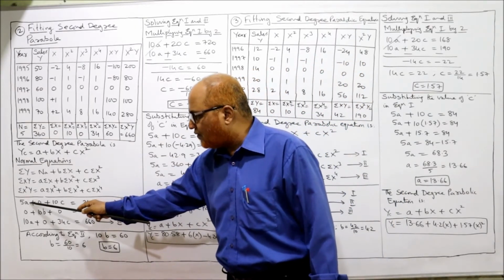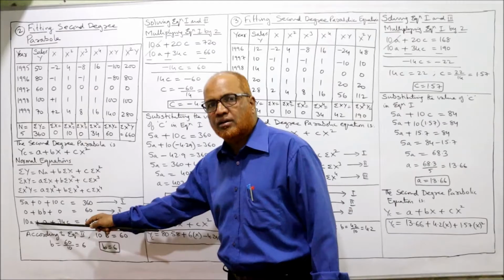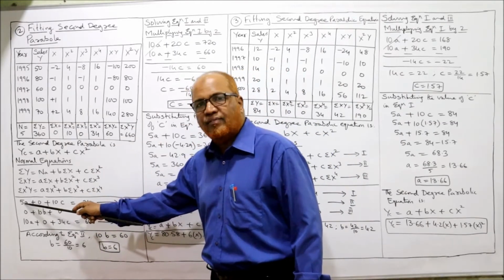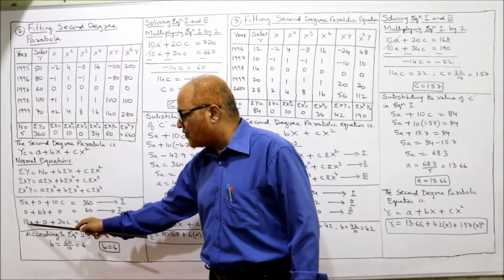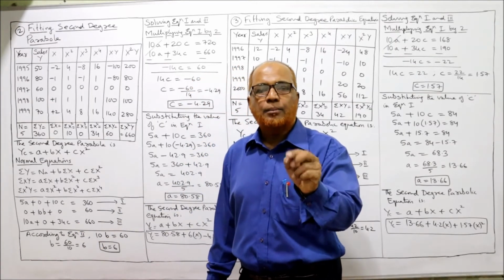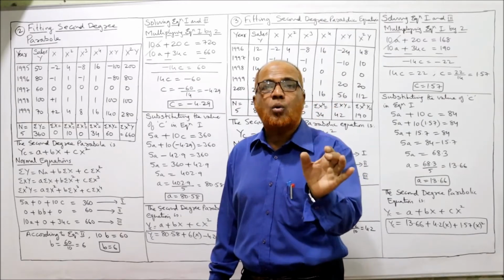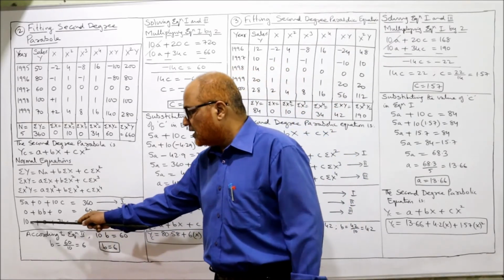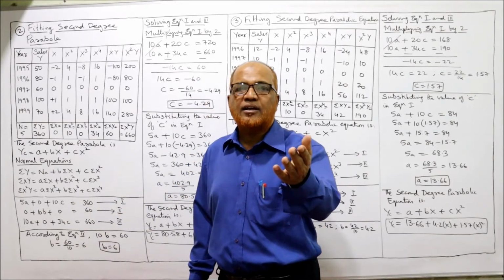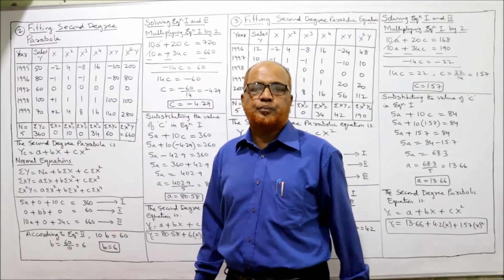Now I am going to solve the first equation and the third equation. In the first equation, what is the coefficient of a? 5. In the third equation, what is the coefficient of a? 10. If you want to cancel a, both coefficients should be equal. 5 can be converted into 10 by multiplying with 2.